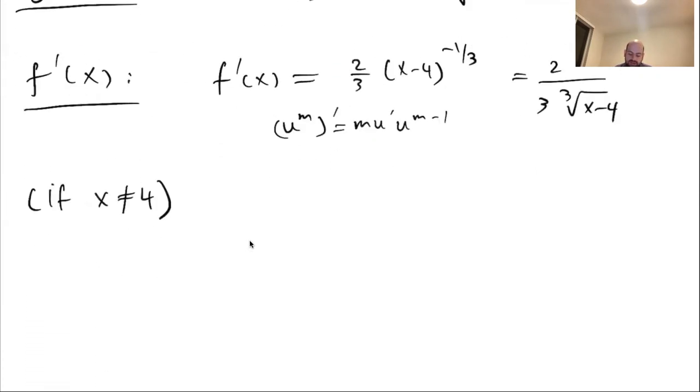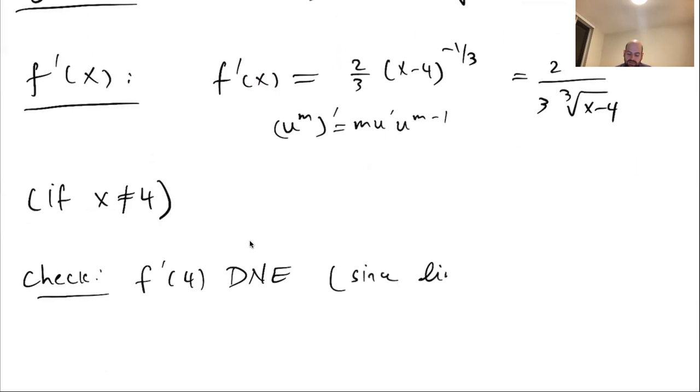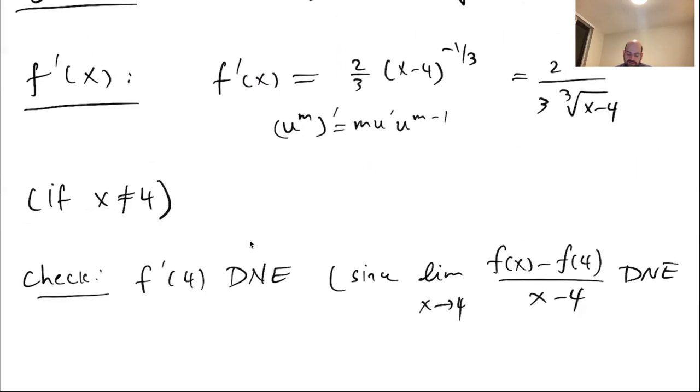You can check that f prime of 4 does not exist, since the limit of f of x minus f of 4 over x minus 4 as x approaches 4 does not exist. You can easily check that this limit does not exist. If this limit does not exist, it means f of x is not differentiable at x equals 4. In other words, f prime of 4 does not exist.